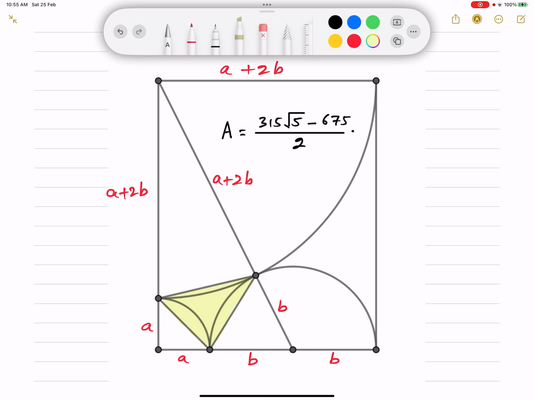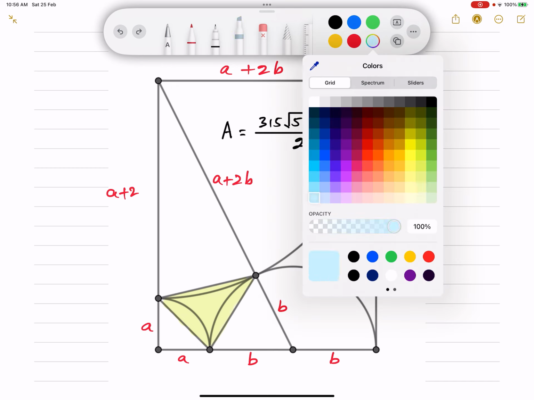Now, if you can notice, guys, let's focus our attention on this triangle here. Let me highlight it first, using the blue color here.